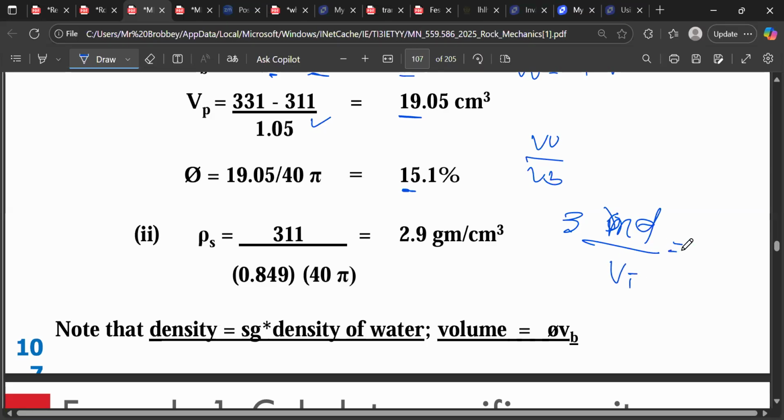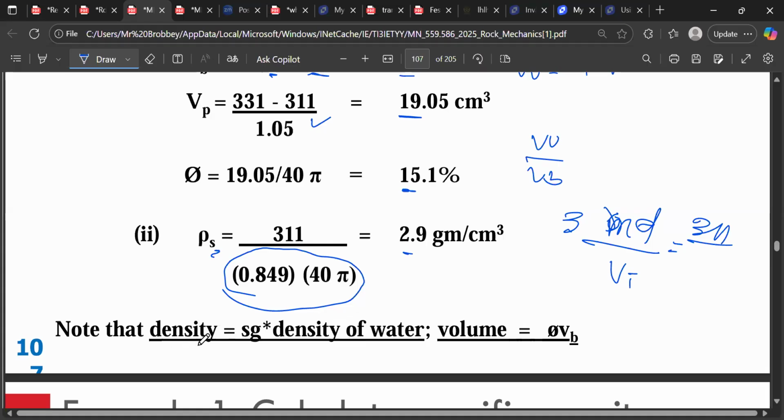And then you're going to get your dry grain density, which is going to be 311 all over what is here. And then you are going to move on with that, right? So when you do that, you're going to get 2.9 grams per cubic centimeter, right?